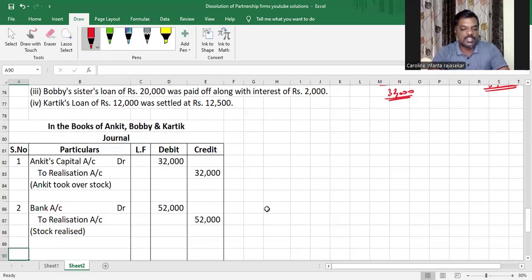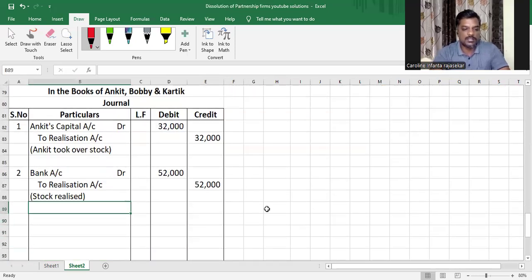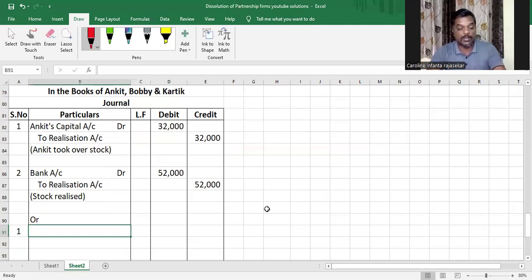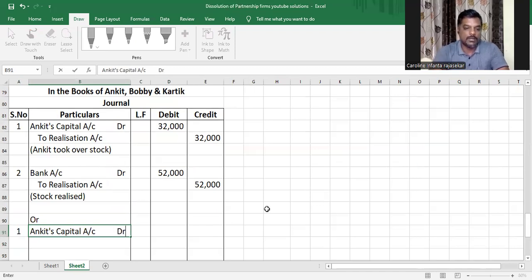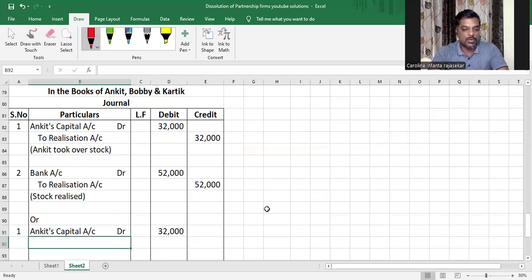Instead of passing a journal entry like this, you can also pass one single entry. You know that Ankit took over a certain part of the stock and the remaining was sold. So Ankit's capital account debit, he took it over for 32,000. Bank account debit, the remaining stock was sold for 52,000.